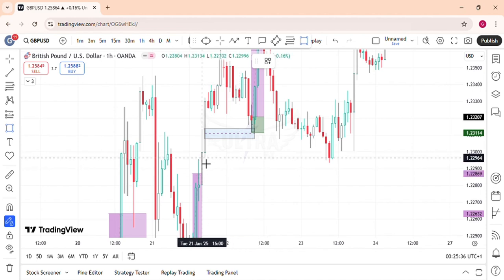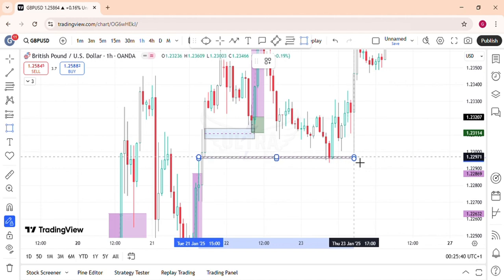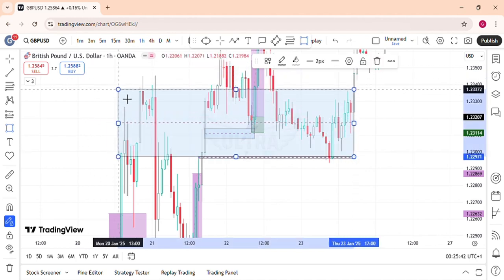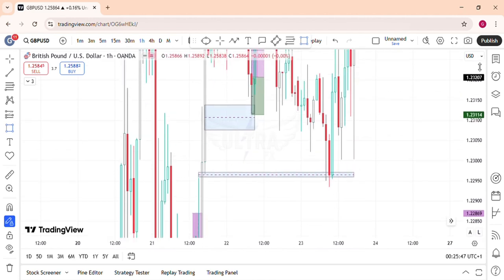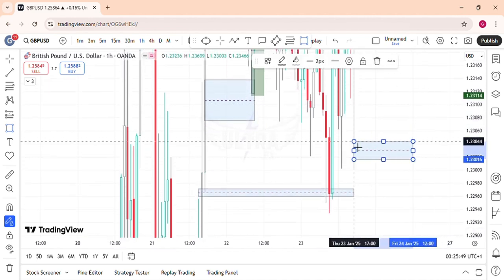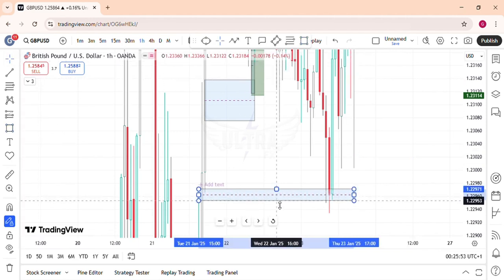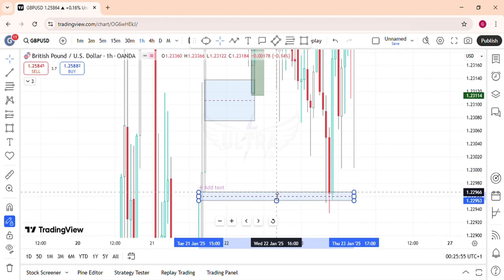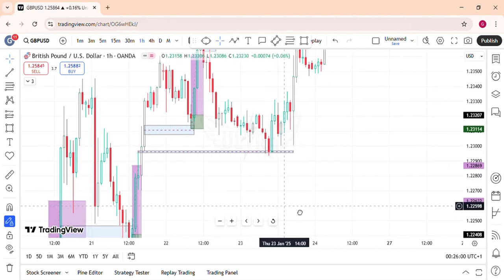So we have a fair value gap here on a 1 hour time frame. This is your fair value gap here. So you can see it. Let me make it clear for you. This is your fair value gap here.